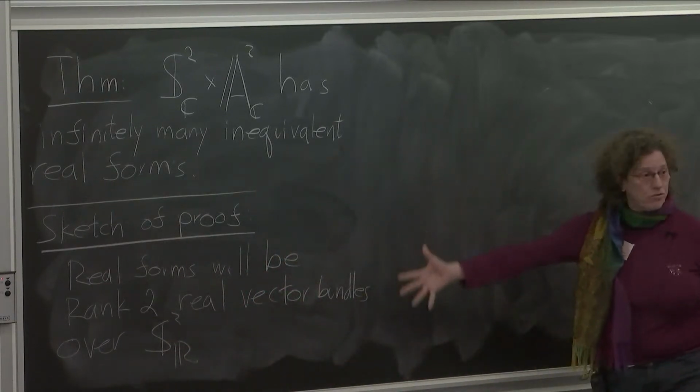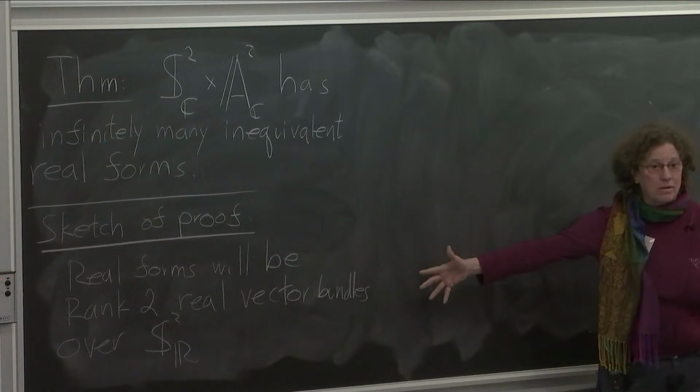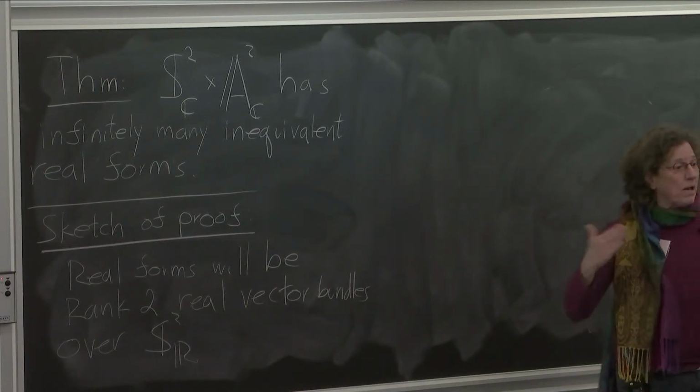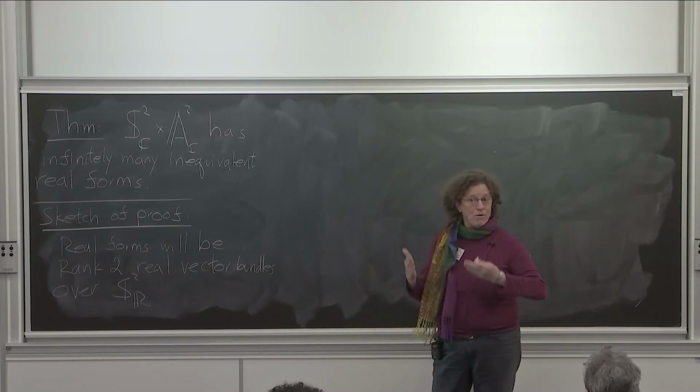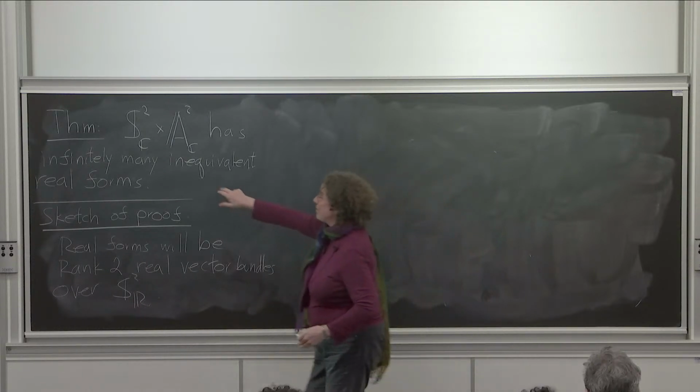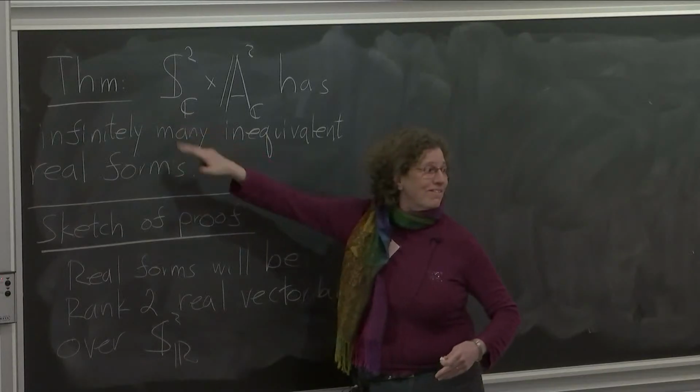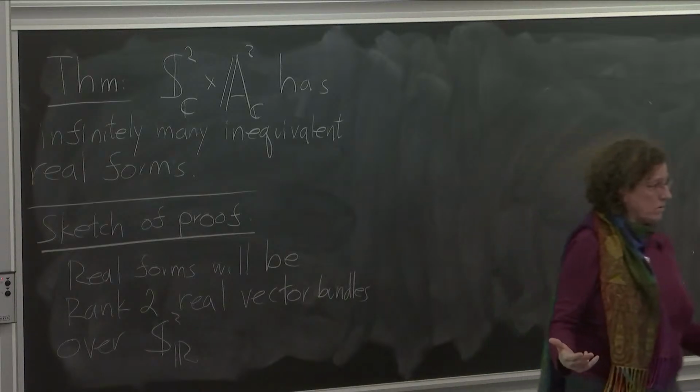So I'm going to construct such objects such that when you complexify, they become rank 2 vector bundles over this sphere that are trivial. Okay?